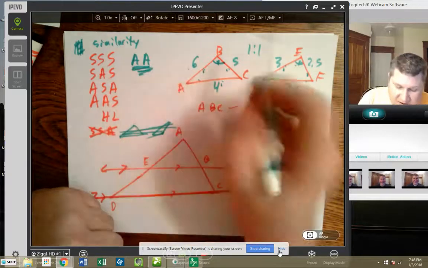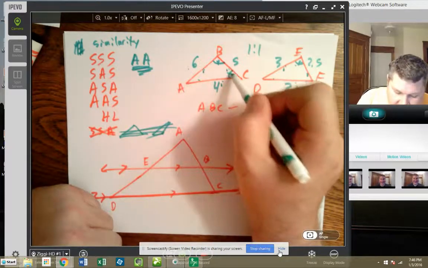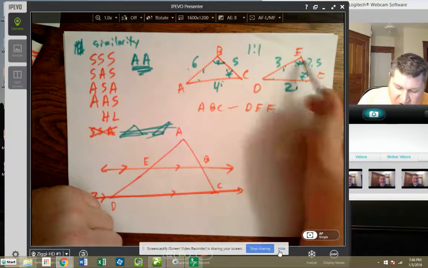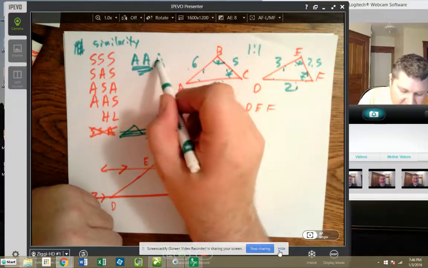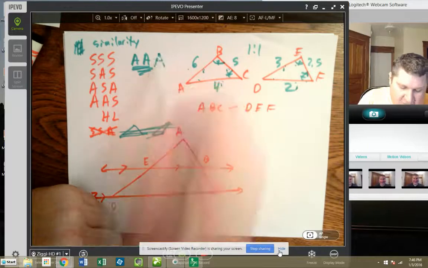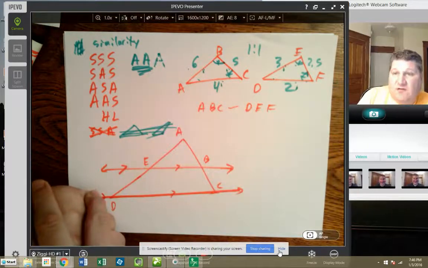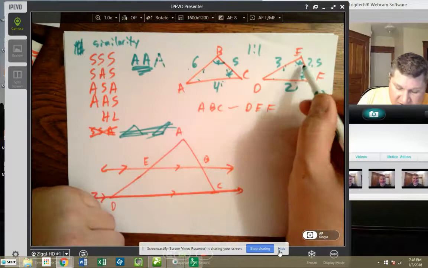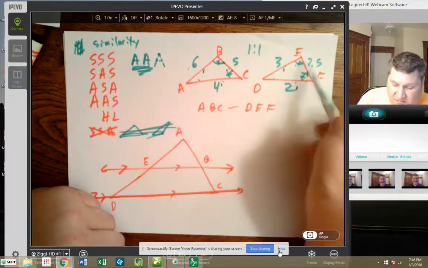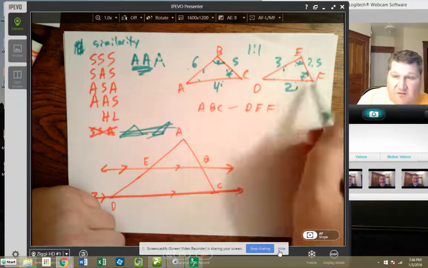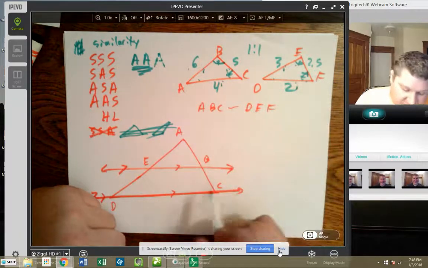If I know any two angles of two triangles are congruent, then automatically, how do I know that the third angle is by default already congruent? Well, because the third angle theorem says if I have two angles, I can automatically find a third. If these two are the same already, automatically that third's got to be the same.